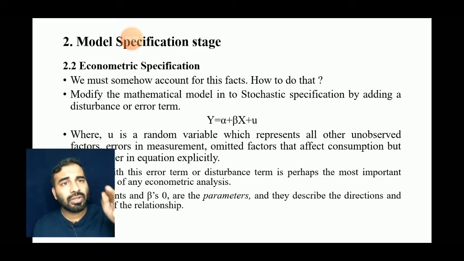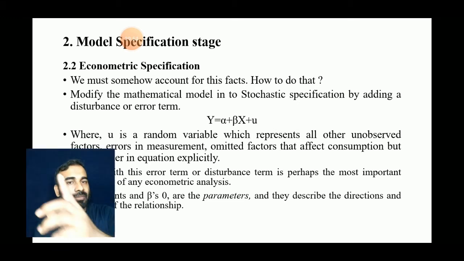Y is equal to alpha plus beta X plus U. Here we have included only one variable, income. There are other variables. Size of the family we are not including. Where these people are located we are not including. How many members of the family are there, we are not including. We are omitting all these variables and putting one term called U.